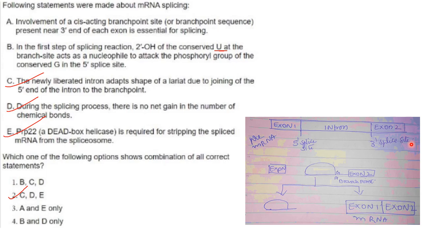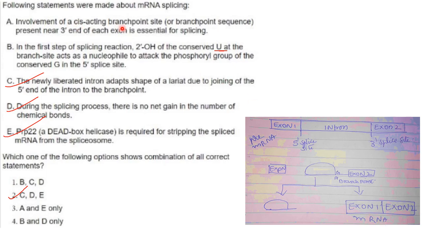What happens here is a cut will occur here, and the G of the intron will attach with A at the branch point, and exon 1 will be released. Now at exon 2, another cut will take place at the 3' splice site, and the intron will be released as a lariat, and exon 1 and exon 2 will be joined together.